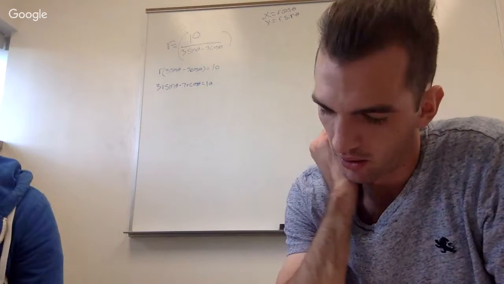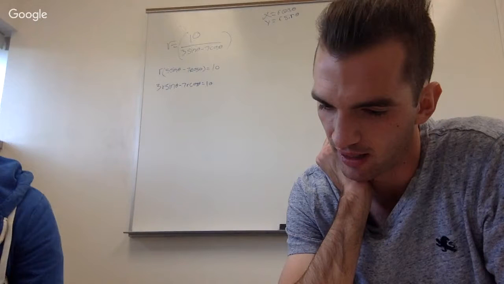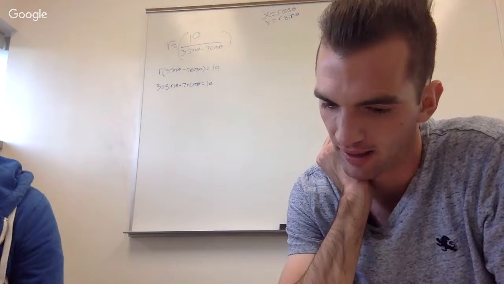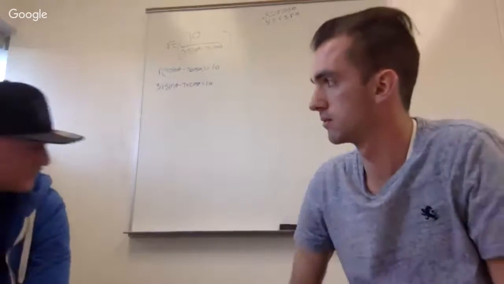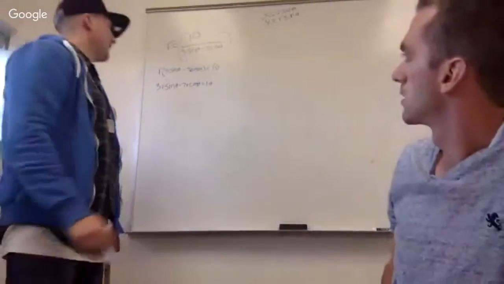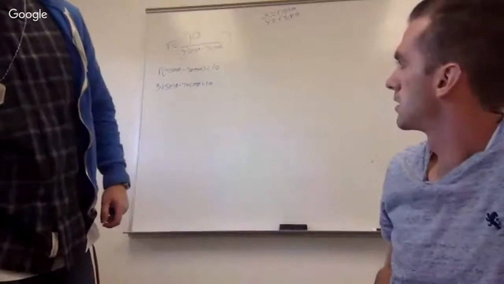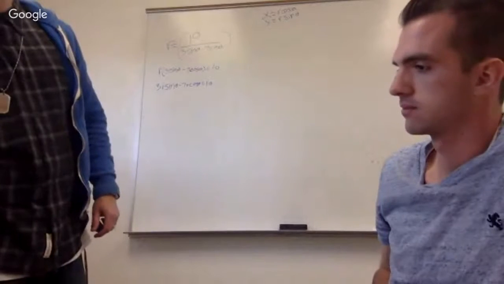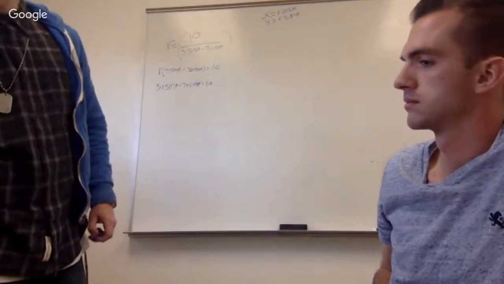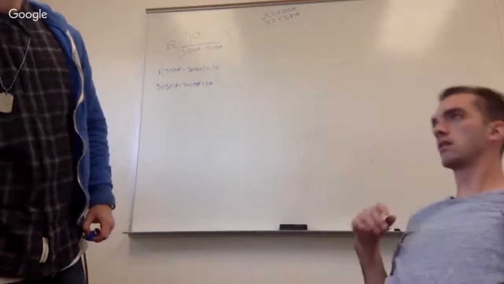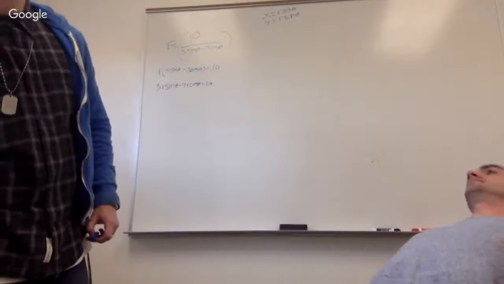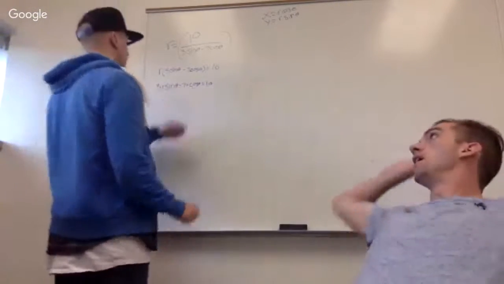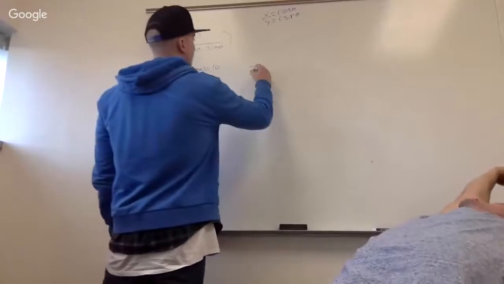So wouldn't r cosine theta just become x? We would do 7x. This is stupid, I hate this. Looking at this problem, because it has cosine, with 7 cosine on the bottom, we know 7x is in our problem.